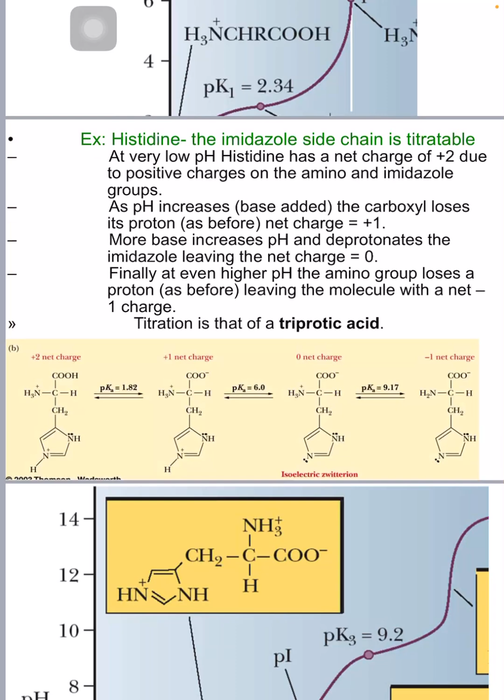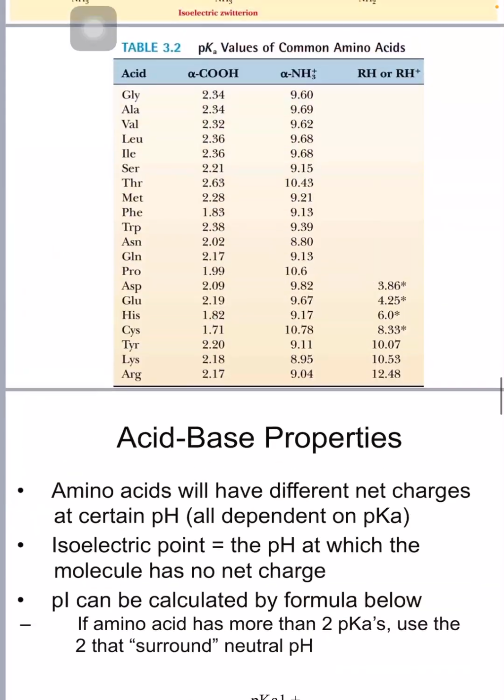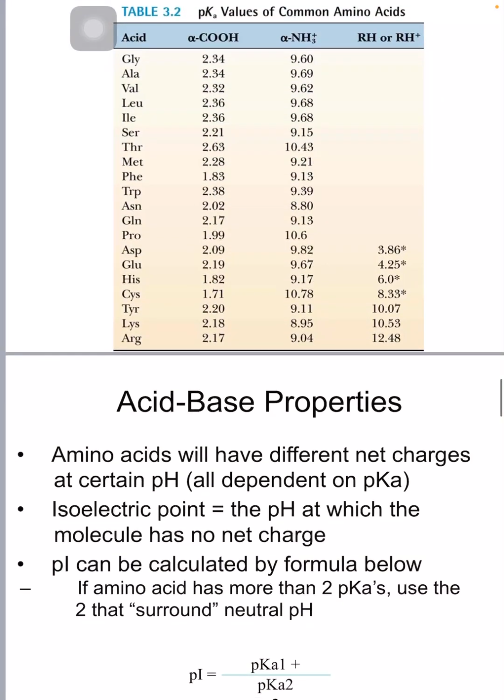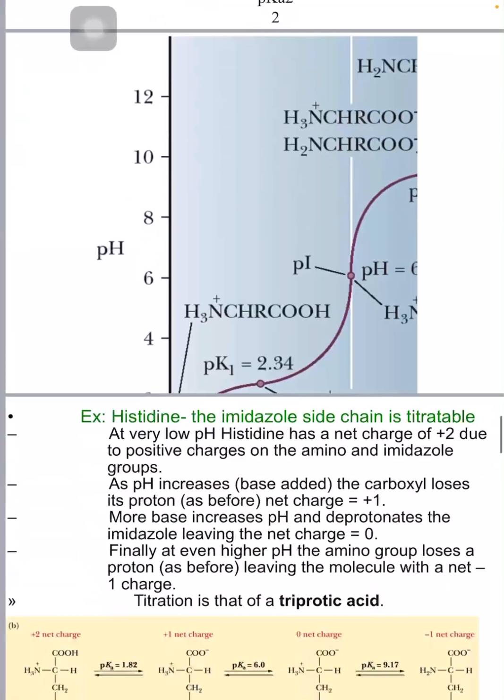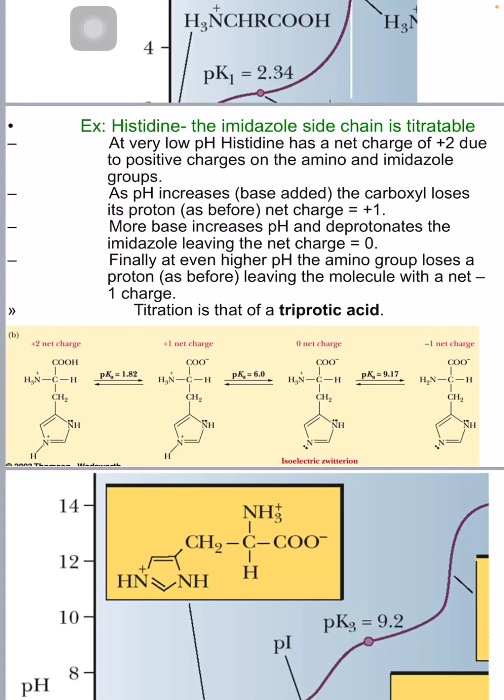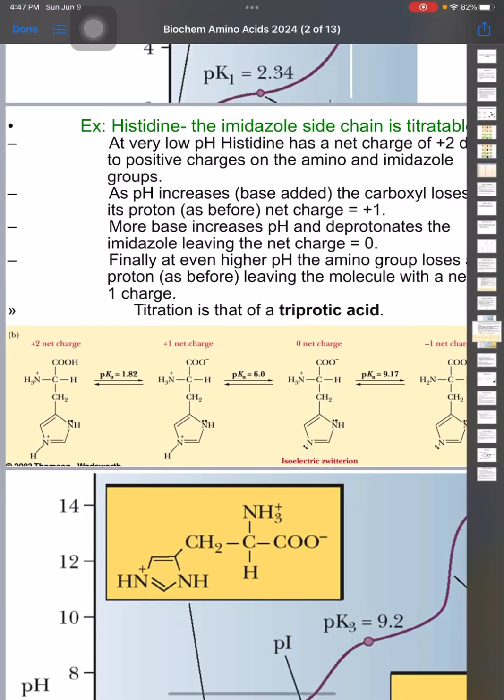So that one's also in its positive form. So in its most protonated form, it's +2. You go above 1.82, that means the carboxy terminus will deprotonate first, right? It becomes negative. So then you have a +1 charge overall.